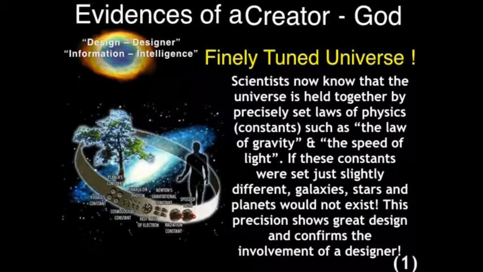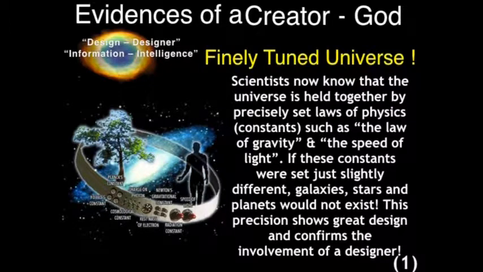So let's start with the biggest thing, the universe. Did you know that the universe, scientists now tell us, is finely tuned so that life can exist? That's right. There's over 30 laws of physics, called physical constants, that are involved in the way the universe functions.